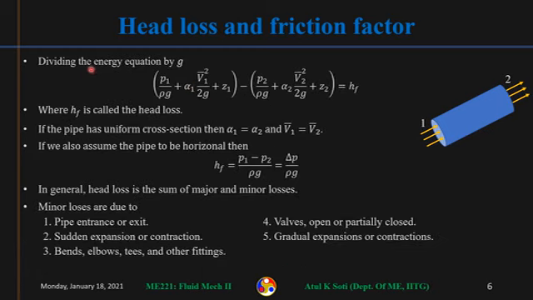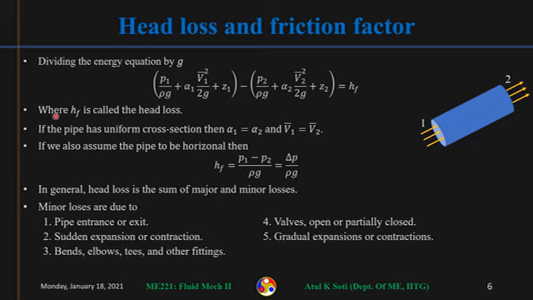Now we further divide that energy equation by g. The mechanical energy terms become P1 by rho g plus alpha 1 v squared by 2g plus z1, and the same thing at section 2 is equal to something on the right side. That something is like losses. This difference is the loss in mechanical energy, which we represent by hf.